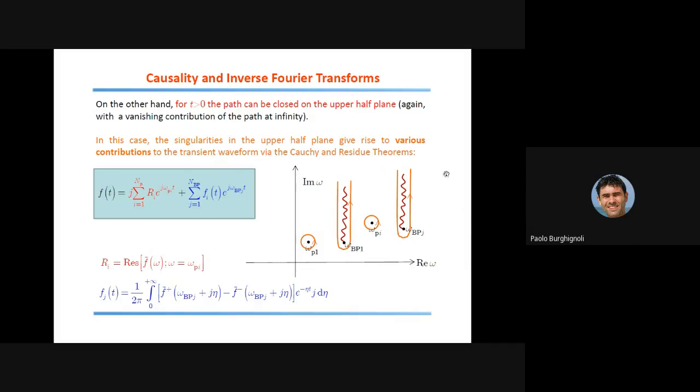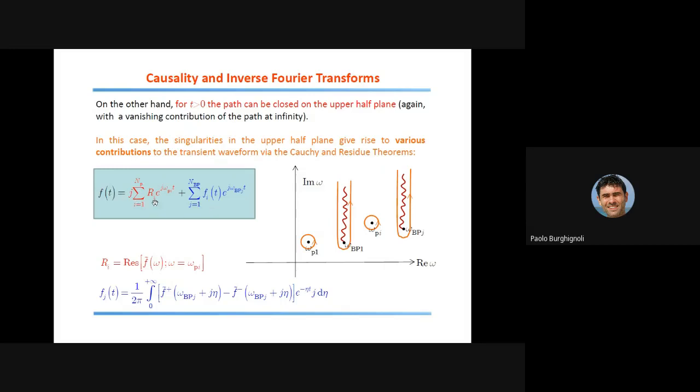However, you need to detour around the branch cuts if there are branch points, and you also need to take into account the contribution of poles by residue theorem. So you end up writing your time domain waveform as the contribution of all the singularities that are present in the upper half plane.